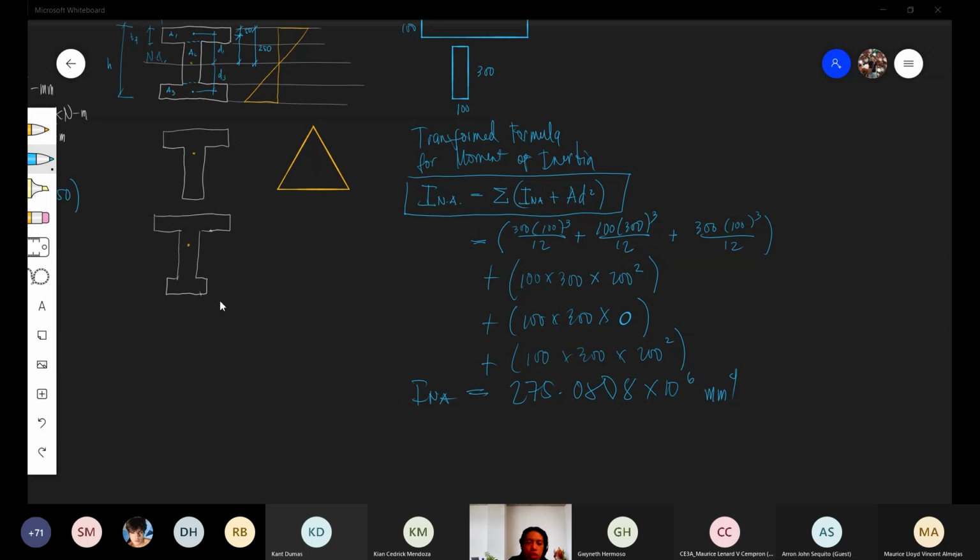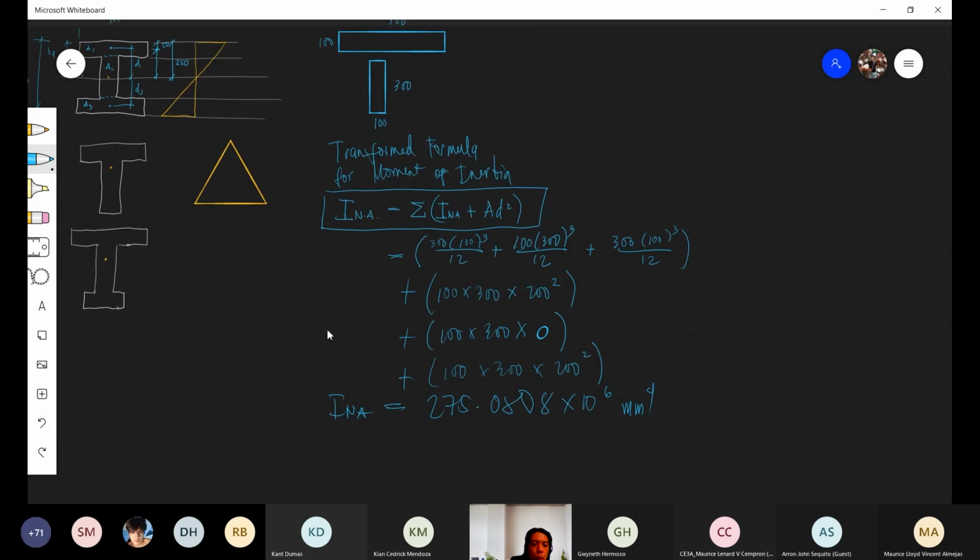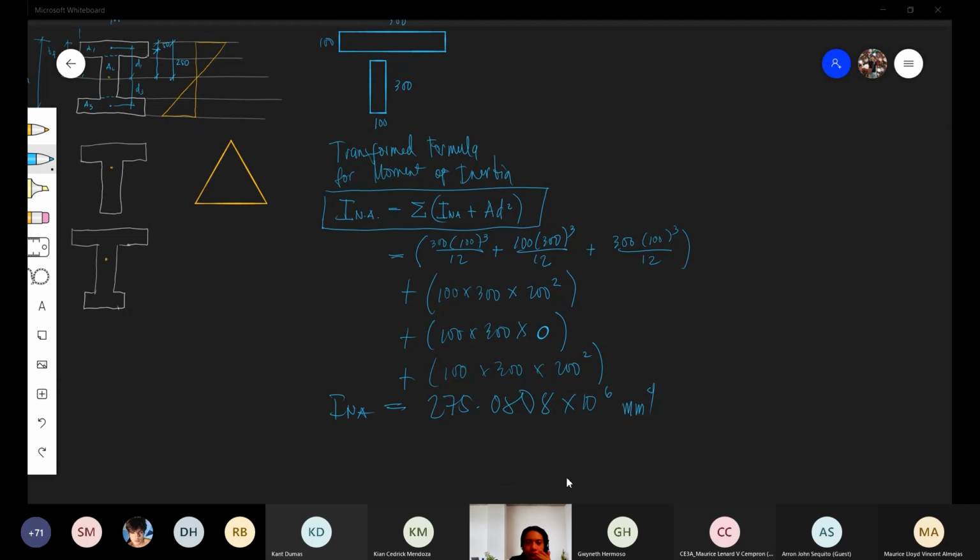Anyway, sige, i-recheck lang ninyo. But I think asya na yung answer. Paki-recheck lang. Bakit may sabit ako nito? Calculator.